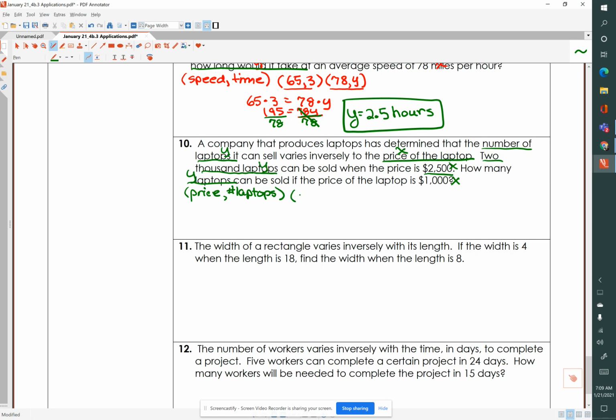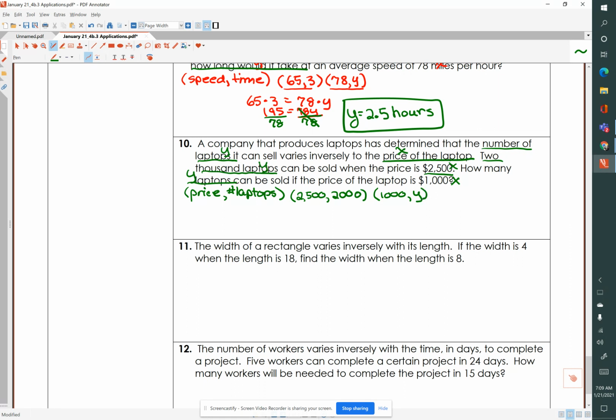So let's set up our ordered pairs. We've got $2,500 and 2,000 is our first set of ordered pairs, the price and the number of laptops. The second set of ordered pairs, we want to know if the price is 1,000, how many laptops we will sell.